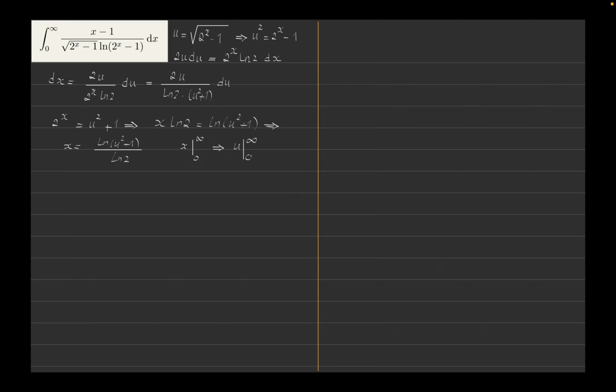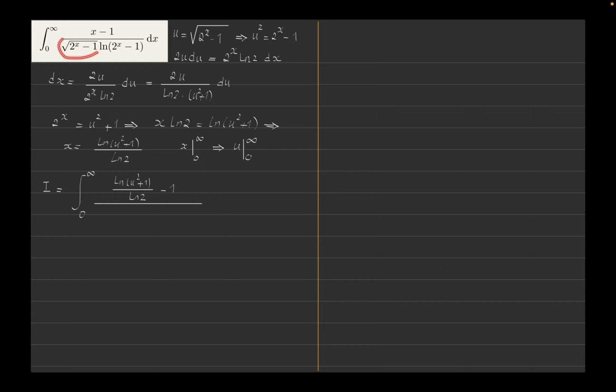Okay, so this integral that I want to calculate, I call it I, so my integral I can be written in this form. Integral, still it goes from 0 to infinity. Instead of x here, I can write this expression, so this becomes ln of u squared plus 1 divided by ln of 2, and then I have minus 1 all over.